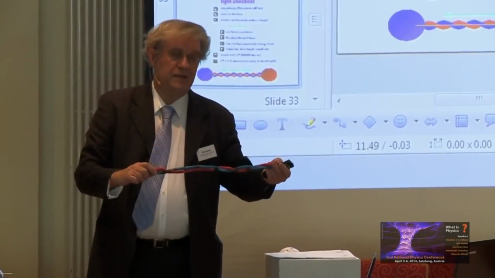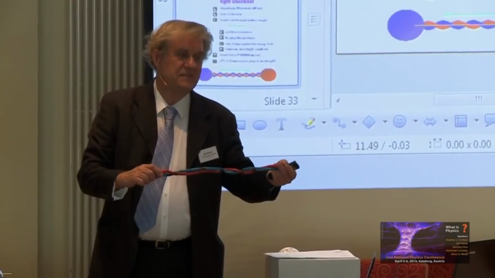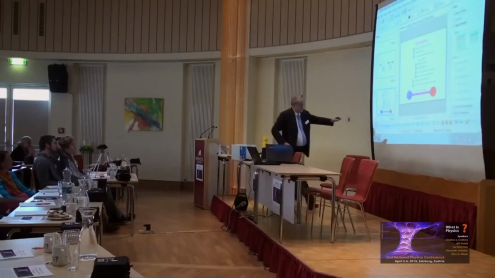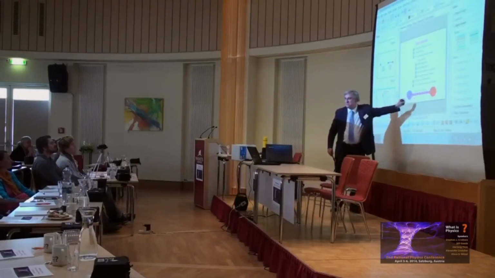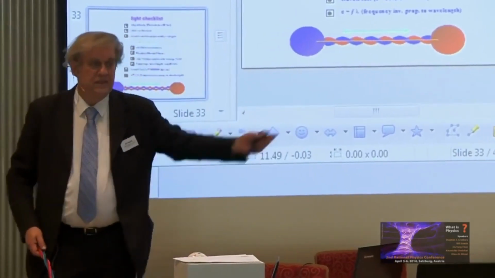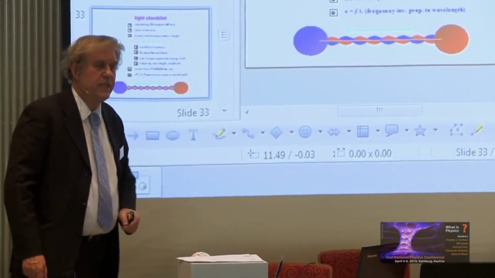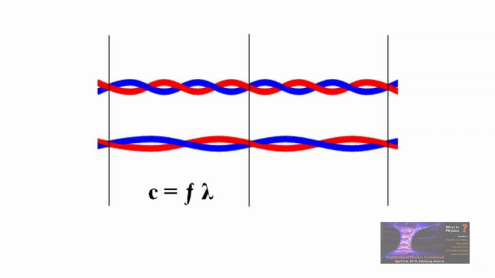But what do I have? Well, I have fewer links. Now this is the equation of a rope. That is the equation of a rope. There's no other thing you can use to simulate that equation. The longer you make the links, the fewer links you can fit within a given length of rope, and vice versa. C equals frequency times wavelength.